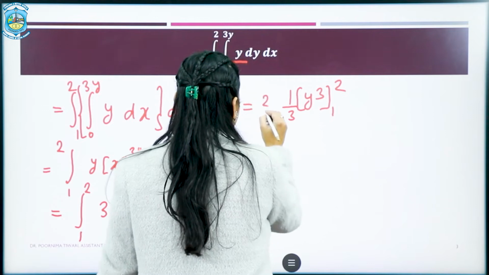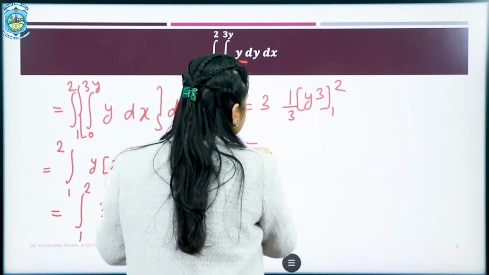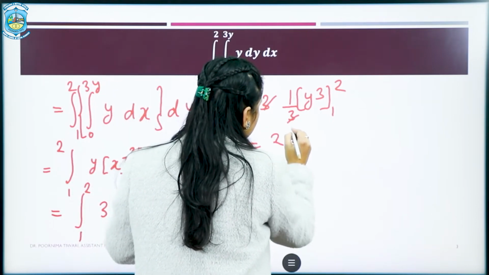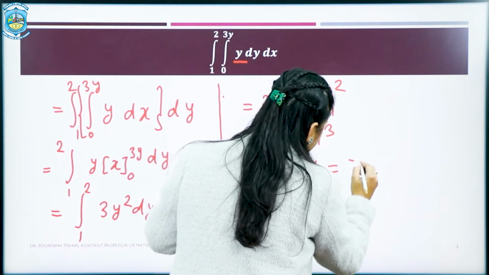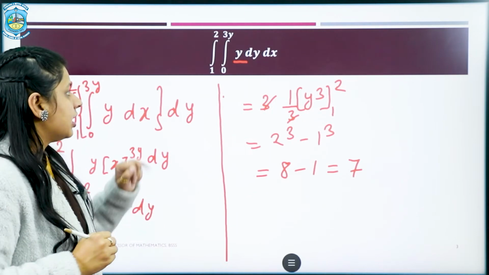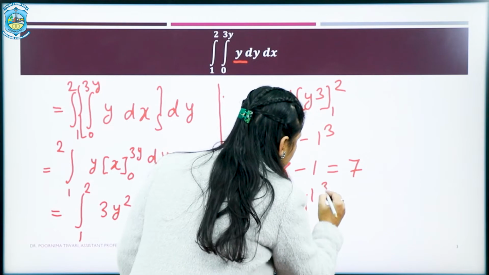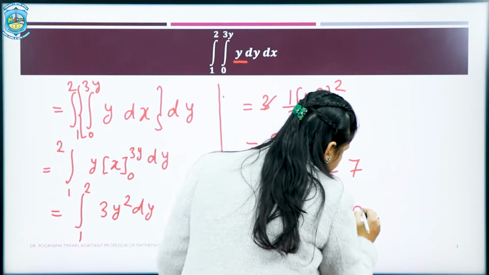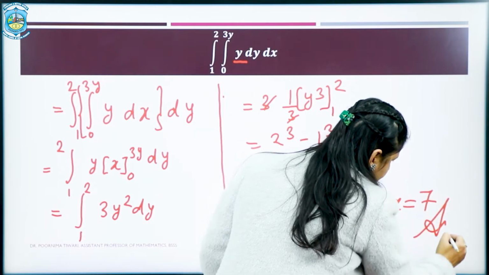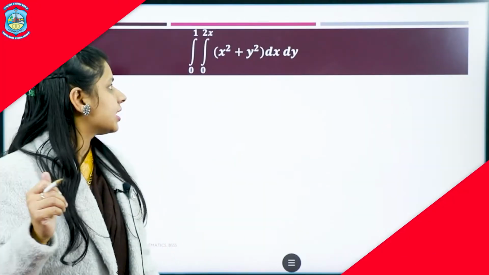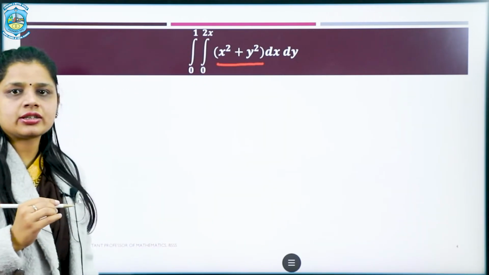When we simplify, we get 2 cube minus 1 cube, that is 8 minus 1, which is equal to 7. So the value of this integral is 7. That is our answer.